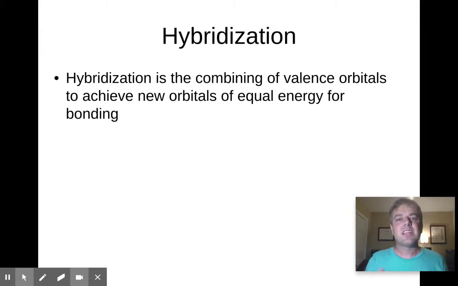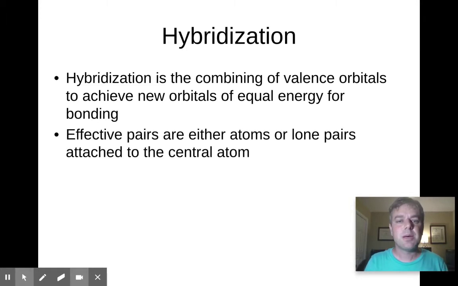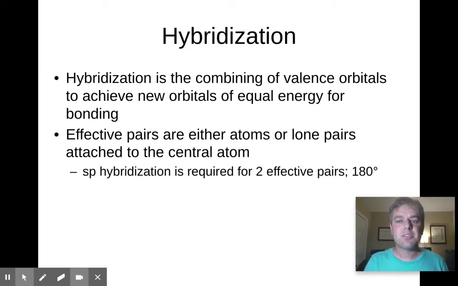Actually, understanding how hybridization works is not really essential to answering the questions on the AP exam, because they don't really test your understanding of the actual concept. All you really need to be able to do is count what are called effective pairs. Effective pairs are either atoms or lone pairs attached to the central atom.